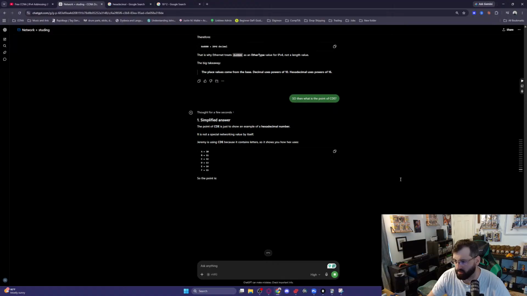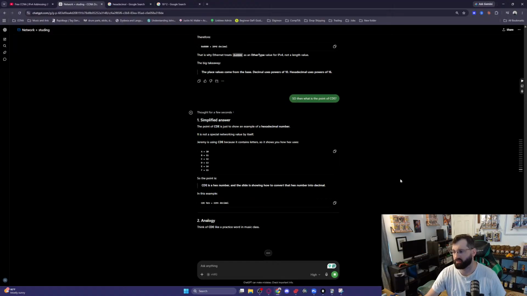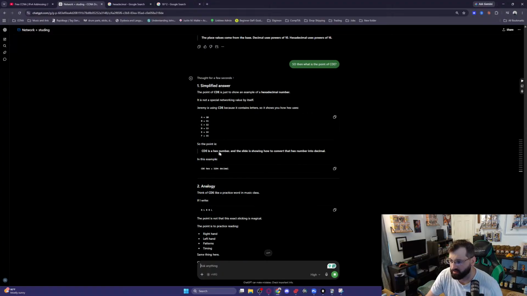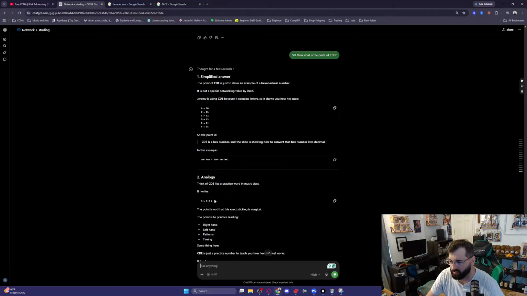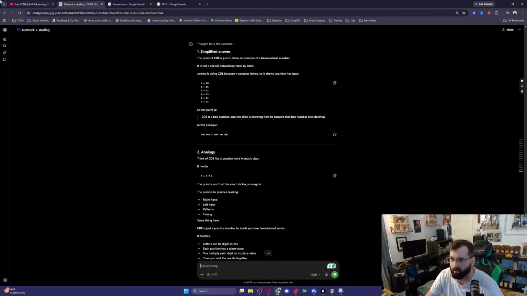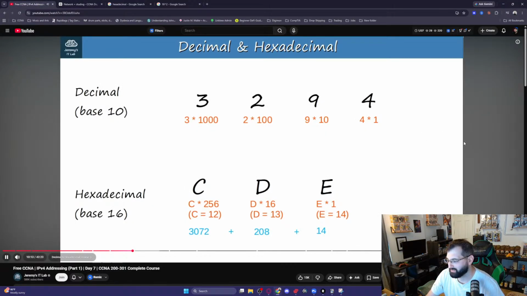It's all starting to make sense. Simple answer: the point of CDE is just to show an example of a hexadecimal number. It is not a special networking value by itself. Jeremy is using CDE because it contains letters. It shows you how to use hexadecimals. CDE is a hex number, and the slide shows, okay, blah, blah, blah. Analogy: think of CDE like a practice word. Okay. Like in music class if you write the paradiddle. Yay. 3,294. So that's a quick review of decimal and hexadecimal.